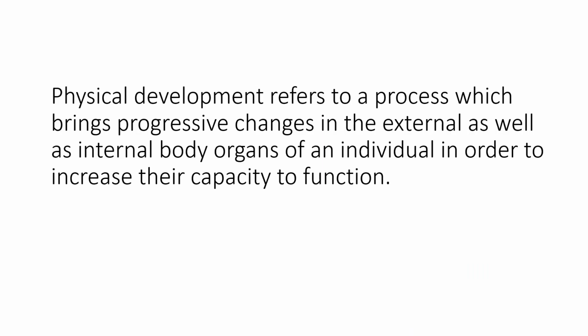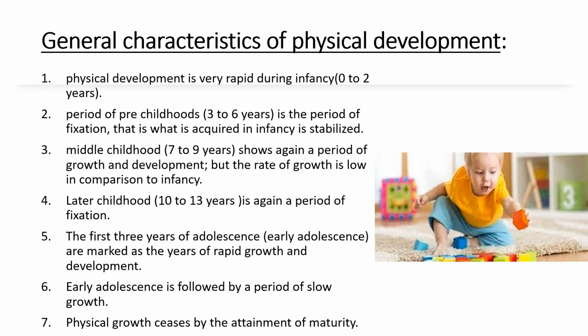We can say that physical development refers to a process which brings progressive changes in the external as well as internal body organs of an individual in order to increase their capacity to function. Let's have a glance at the general characteristics of physical development. It is very rapid during the time of 0 to 2 years.